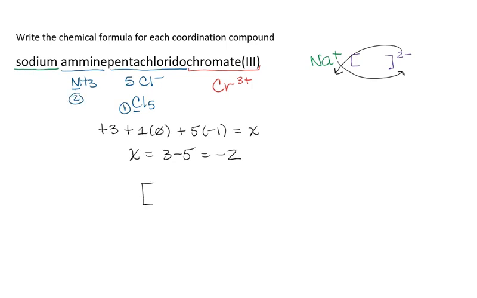So when I write the complex, brackets, Cr, Cl5, NH3. The complex is the anion, and we know that because we have a sodium +1, the anion has a -2, that my counter ion is written as Na2.